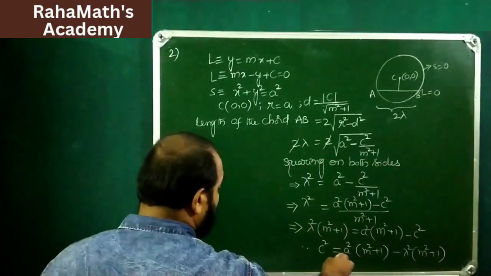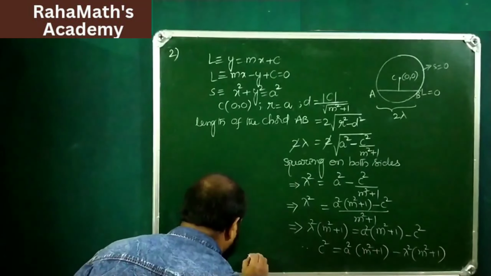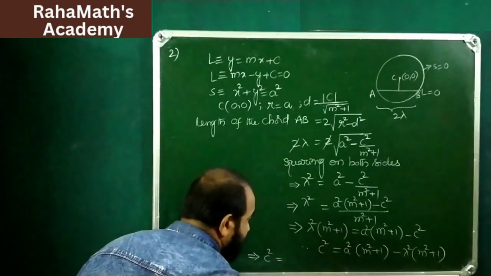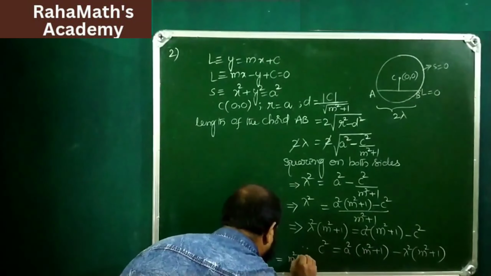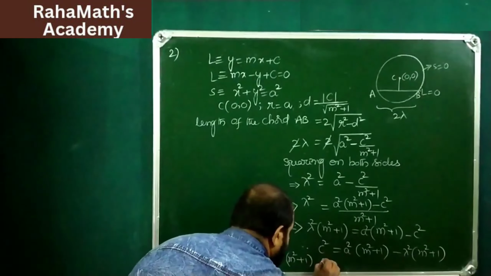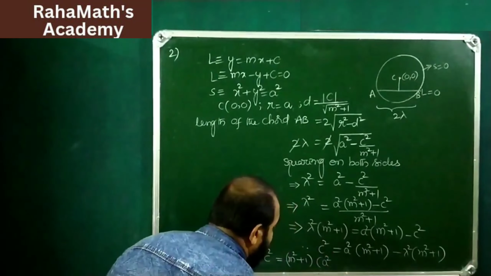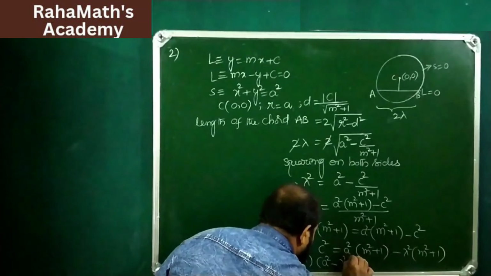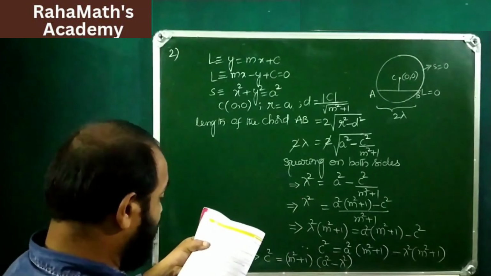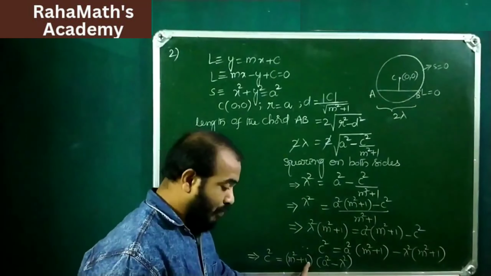If I take m square plus 1 as a common factor, then c square is equal to m square plus 1 times a square minus lambda square, which is what we need to prove.